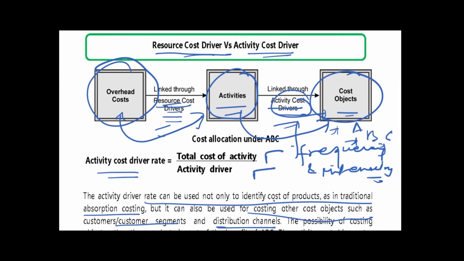So we can say that activity cost drivers and resource cost drivers can not only be used to determine the cost of a cost item, but can also be used to determine costing of other cost objects, for example, distribution channels for marketing, particular customer segments, etc.